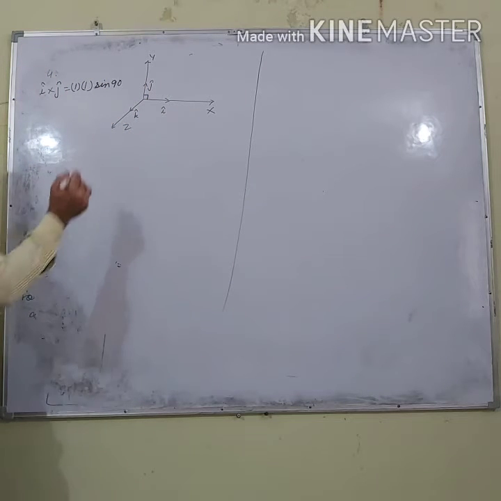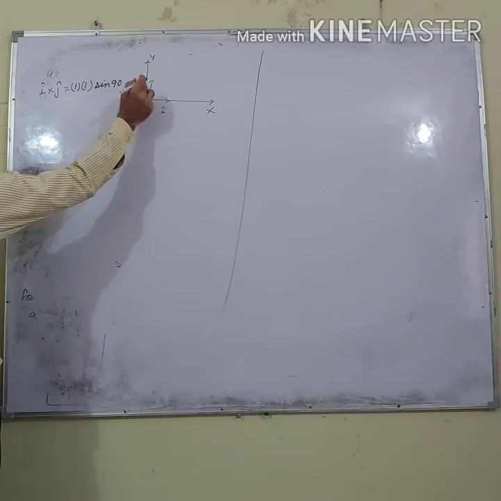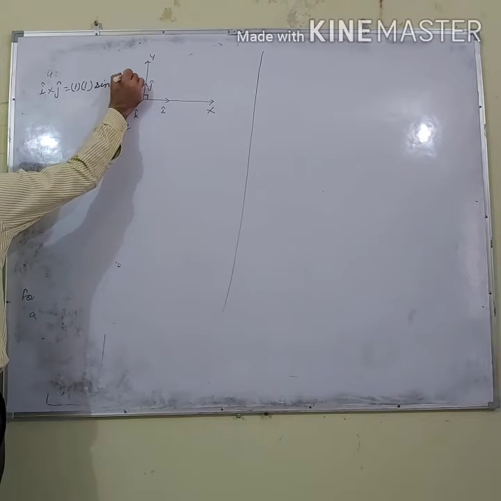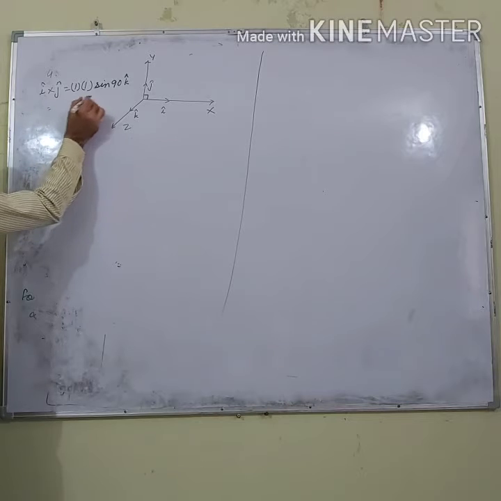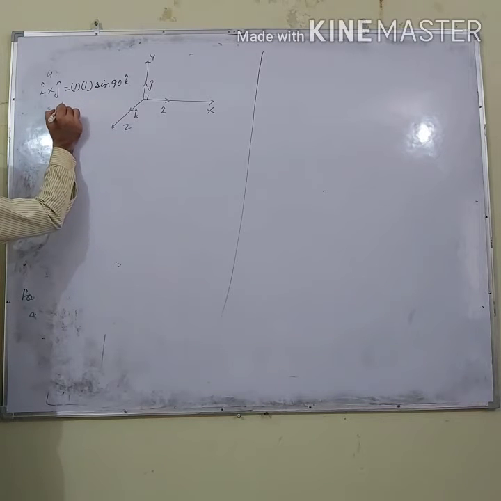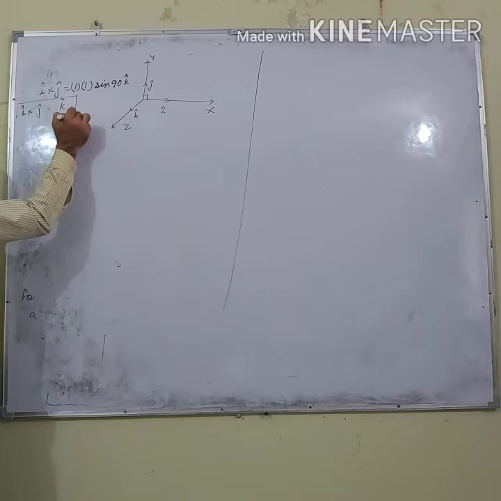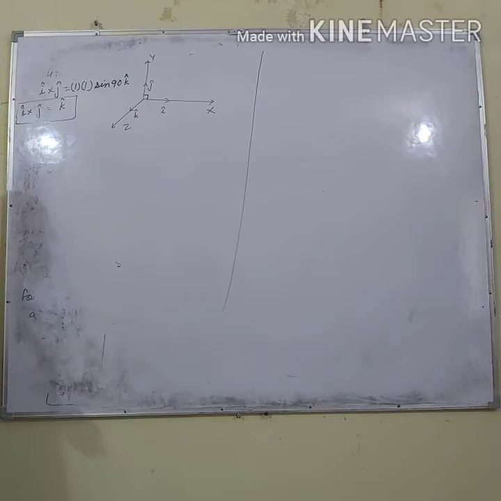So what is the unit vector perpendicular to i and j? It is k. So 1 times 1 times sine 90 gives k cap. I can say i cross j is equal to k cap.